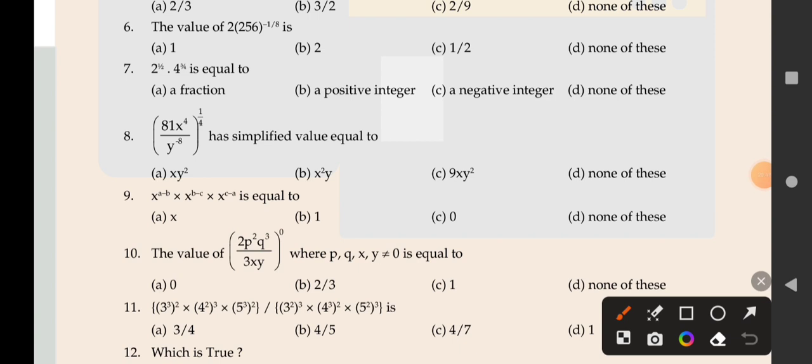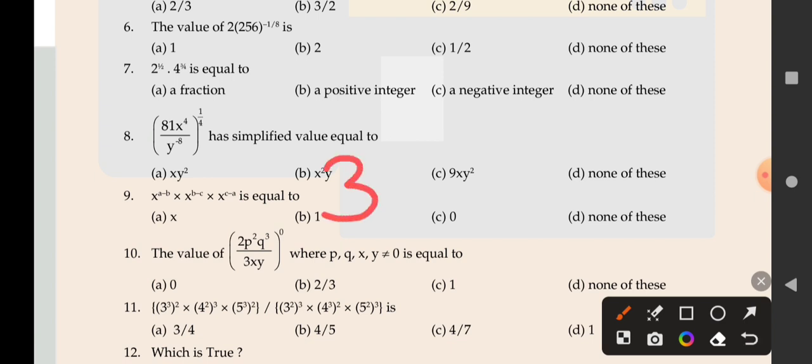Now question number 8. Okay, so 81. Is 81 the fourth root of 3, 1, correct, right? So how are you going to simplify it?